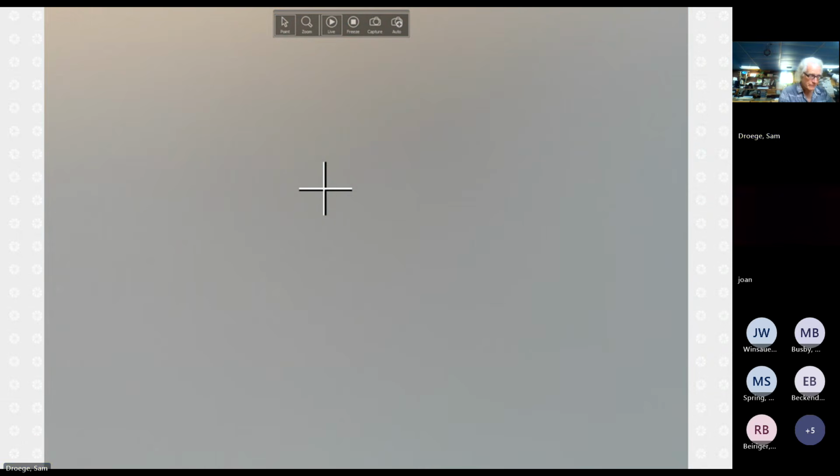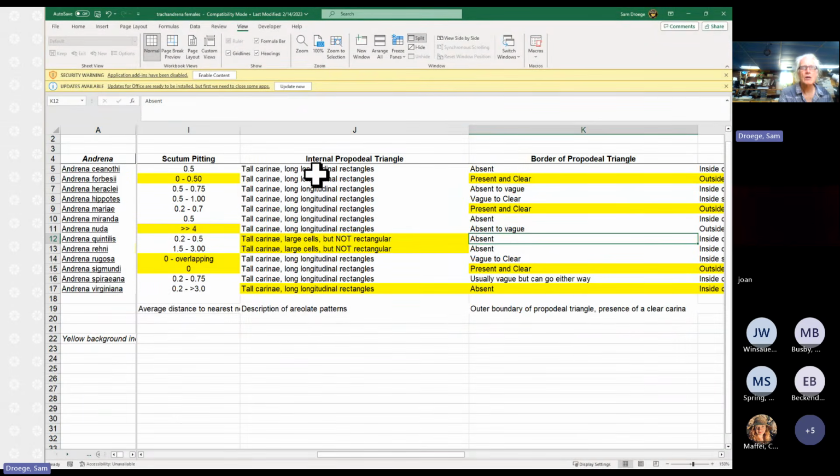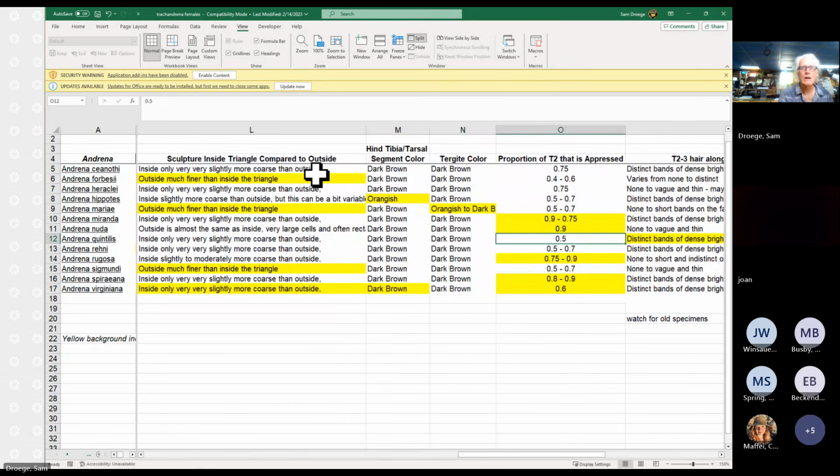Let's interrupt for a second. Our friend Will asks about column O, which is about the depressed area. Is that the same as the depressed rim? I usually look for hairs or cite when I see that word. Okay, let me go to the spreadsheet. So column O, proportion of, so what was it?